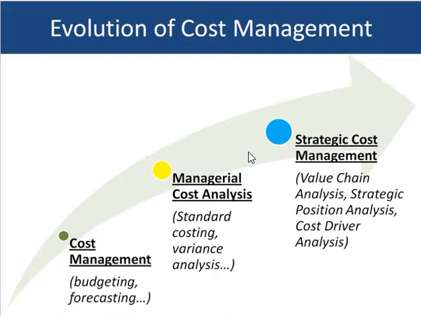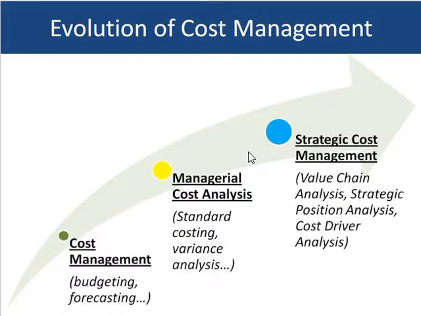Managerial cost analysis took that step further. So cost management is just the mechanics of trying to give high-level managers and executives inputs on how their company is doing on major costs. Managerial cost analysis tries to actually provide insight, whether it be a variance analysis or another technique.